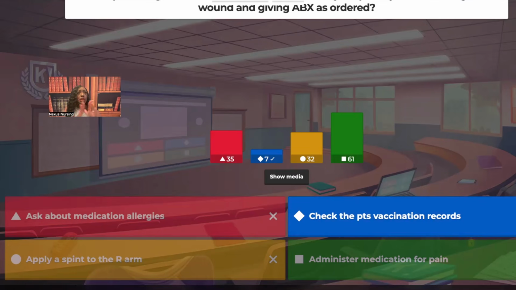Now, here's an important theme that goes for this question and questions all across the board. You're going to address physiological integrity first. Anything that will change that patient's physiological integrity, such as infection, such as them bleeding out, hemorrhage, hemodynamic status, vital signs, fluid and electrolytes, you're going to address that first before anything else.